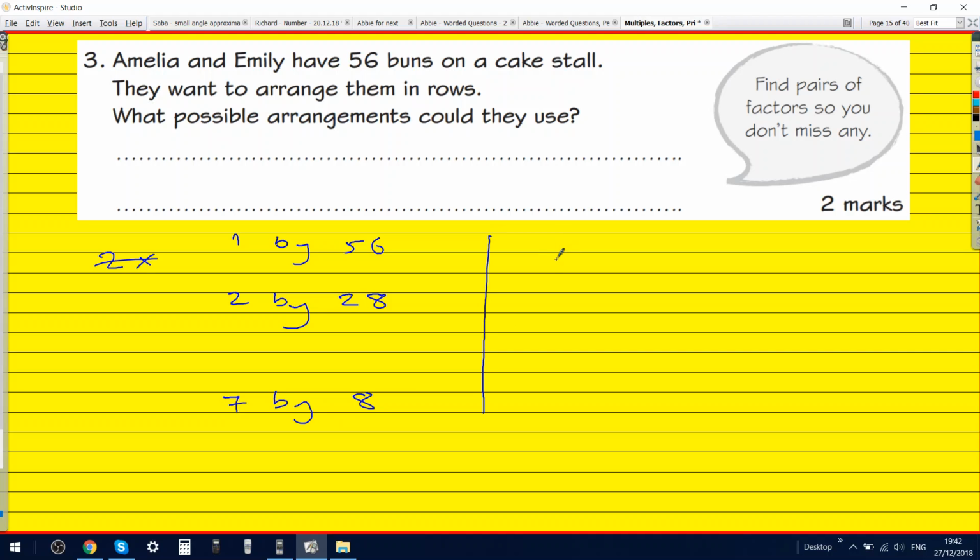So how many 3s are in 5? That's 1. That's 1 three.